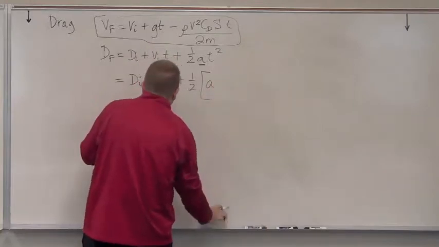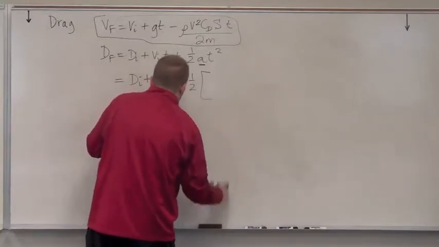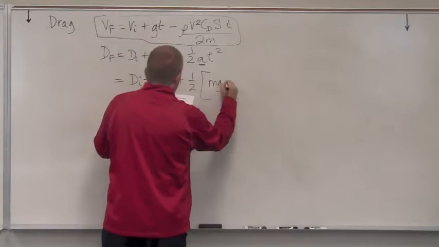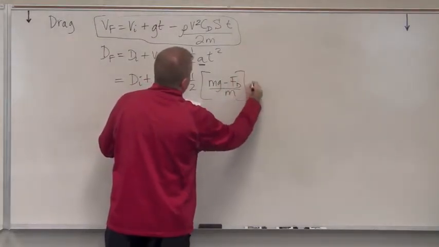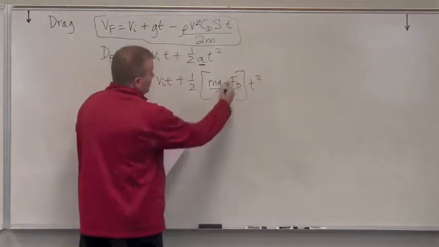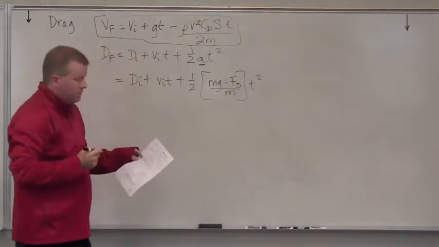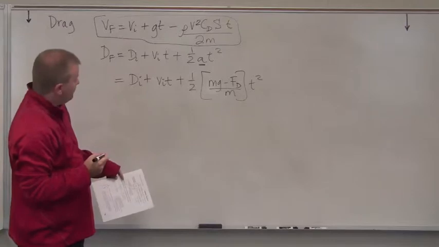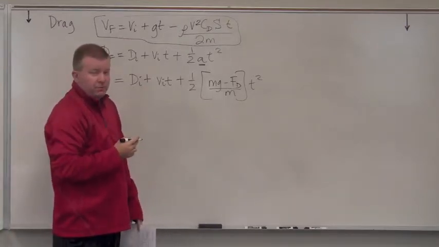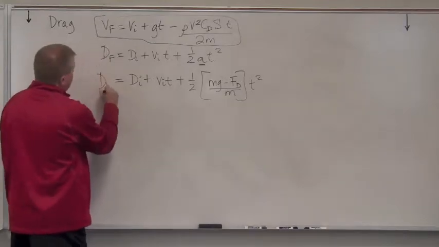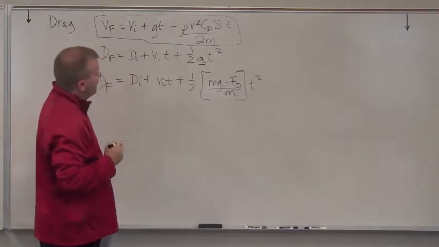Well, fudge. m g minus F sub d over m, and then t squared. Then you've got to plug in F sub d, and you'll get all that fun stuff in there. So basically these are the two that you would use, and you'll use these each time you start working on this thing.